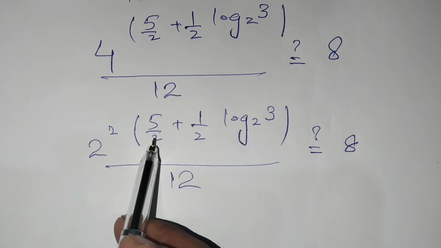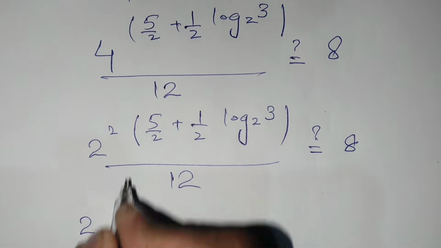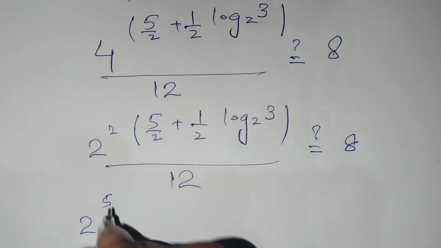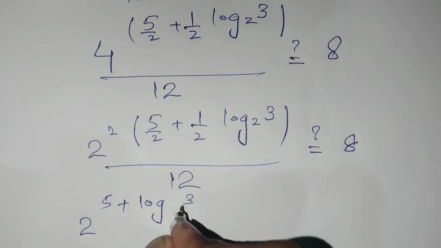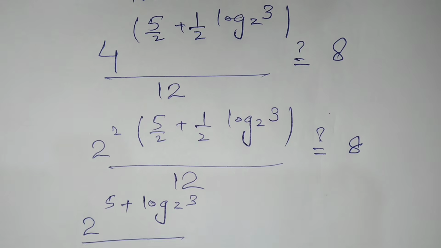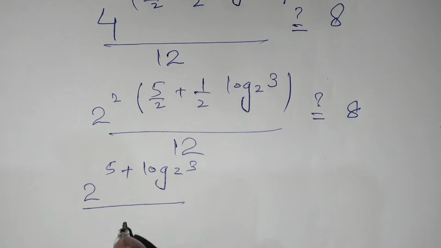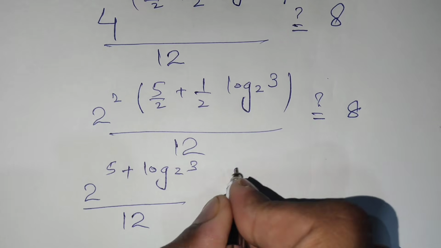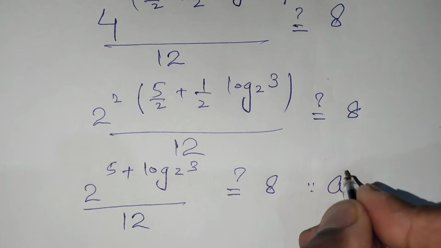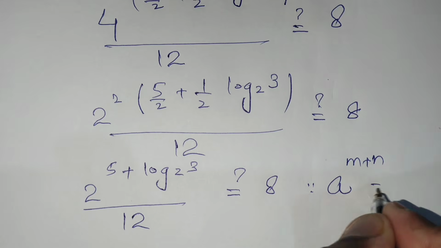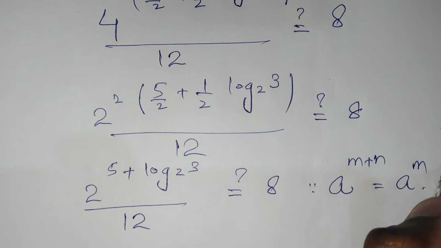If we multiply 2 inside, 2 cancels with 2, we get 2 power 5 plus log of 3 with the base 2 over 12 equal to 8. We know that a power m plus n is equal to a power m times a power n.